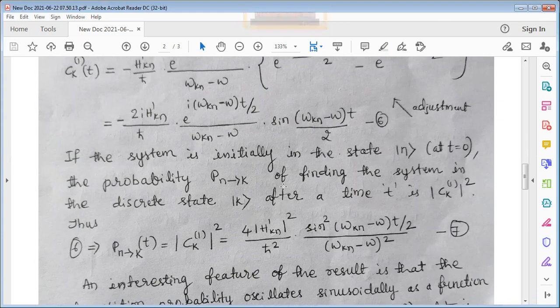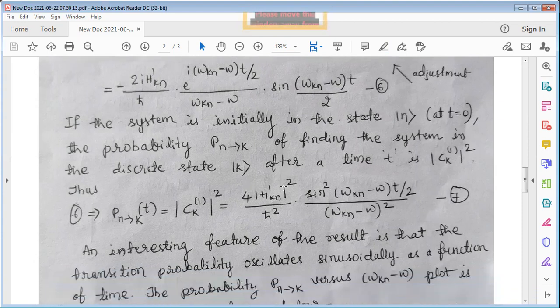That is why we have to mod square equation 6.